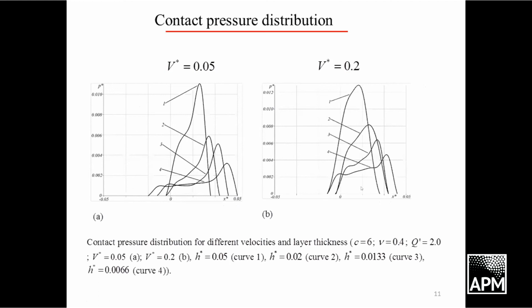And you can see here that the thicker the layer, the larger the maximum value of contact pressure. It is also predictable, but also it is interesting that the asymmetry of contact pressure decreases with the increase of the coating thickness for both velocities.